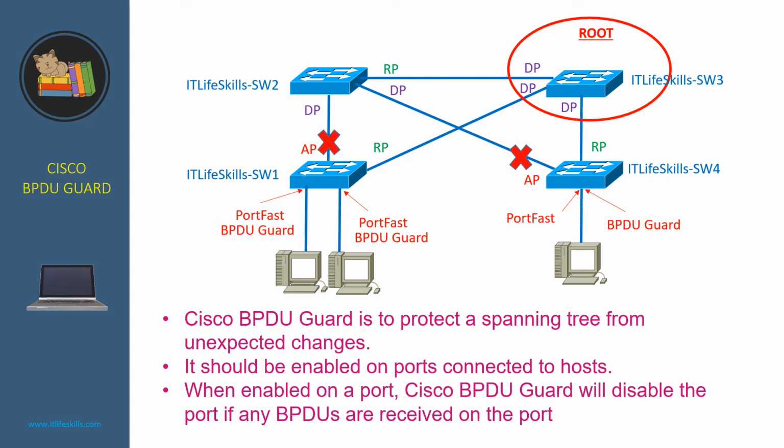Now, if someone removes the cable connected to this computer and connects it to a switch, the switch now starts sending BPDUs to IT Life Skill Switch 4. By then, BPDU Guard kicks in to disable the port to protect the spanning tree.